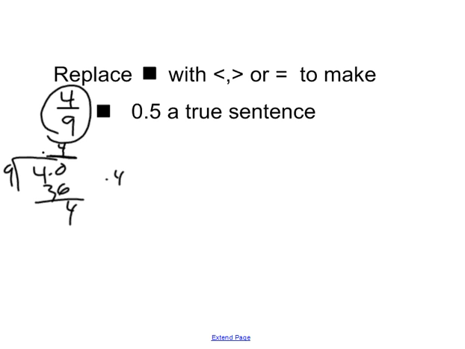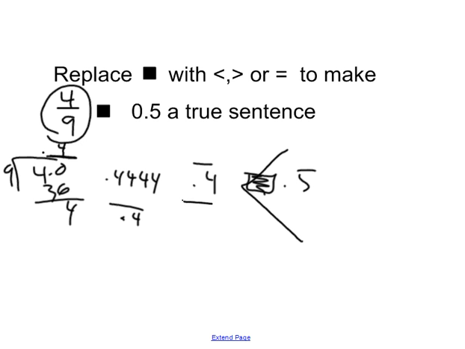It's 0.4444, or I could say 0.4 repeating. So 0.4 repeating compared to 0.5. In this case, if you looked at them on a number line, the 0.5 would be larger. So I would use 0.4 is less than 0.5. 0.4 bar is less than 0.5.